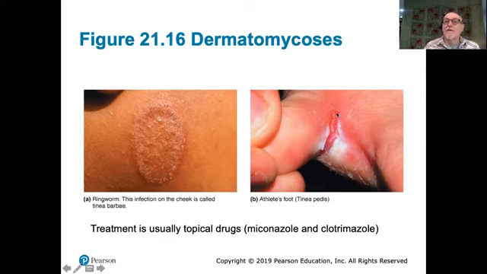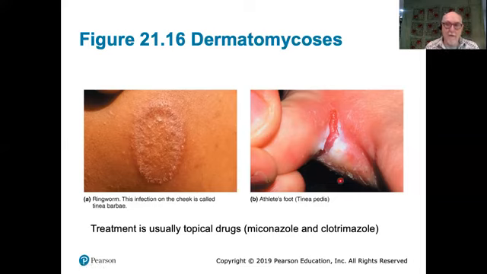This is athlete's foot, tinea pedis, and what has happened is the fungus has eaten through the tough skin layers. It's making its way through and eating the keratin, weakening the upper skin layers so that they crack and expose the dermis underneath. Can be very, very painful, but usually very easily treated.